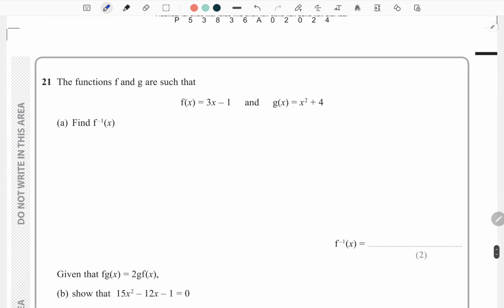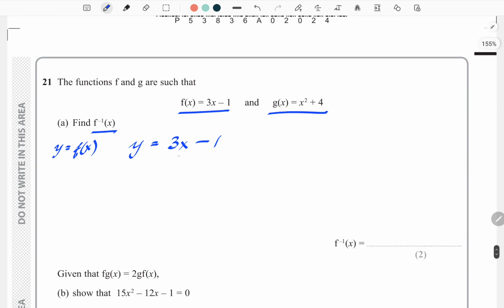All right, almost there. So the first one we need to do for functions, question 21. You've got these two functions given to us. Okay, so the first bit, part A, is to find the inverse function of x, so inverse f of x, all right? So with this one, we're going to say y equals, let y equal 3x minus 1, right? So y equals f of x.